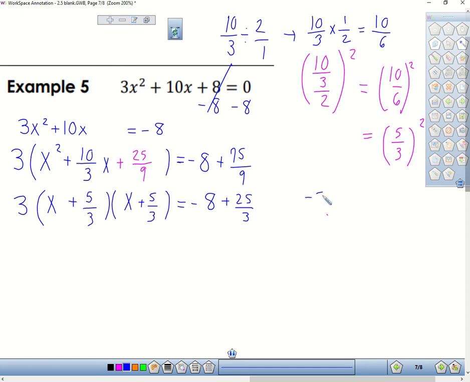So I can multiply negative 8, the numerator and denominator, by 3, and I get negative 24 thirds. Isn't that equivalent to negative 8? Yes. So negative 24 thirds plus 25 thirds equals 1/3. So this is going to become 3 times x plus 5 thirds squared equals 1/3, because I can rewrite it as squared.